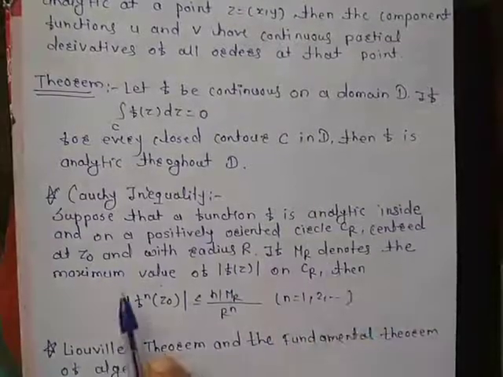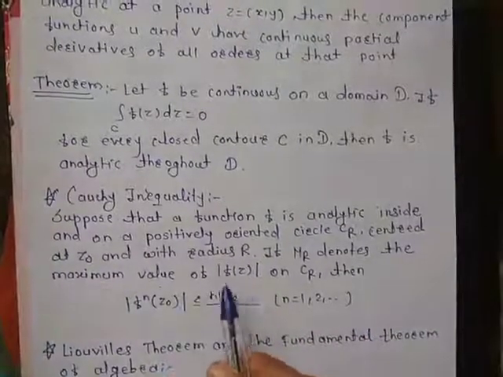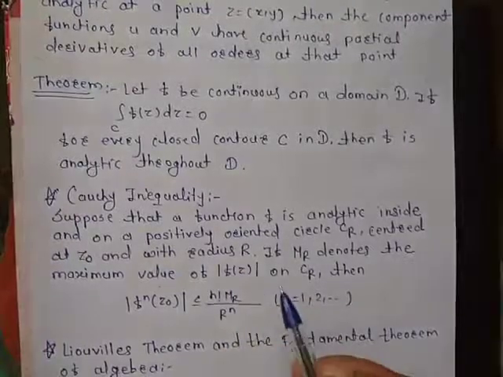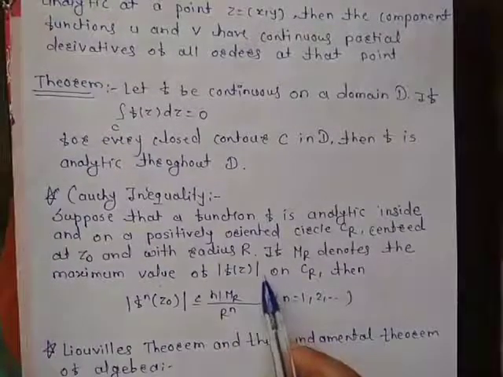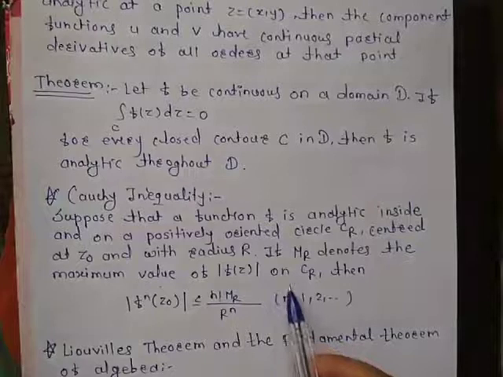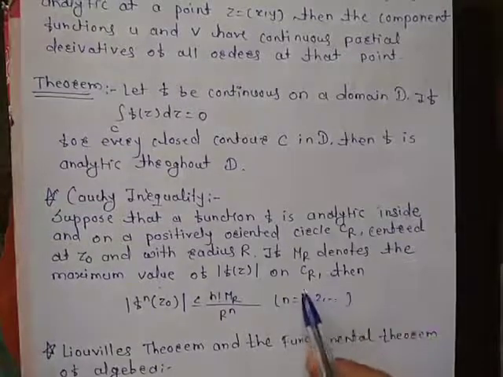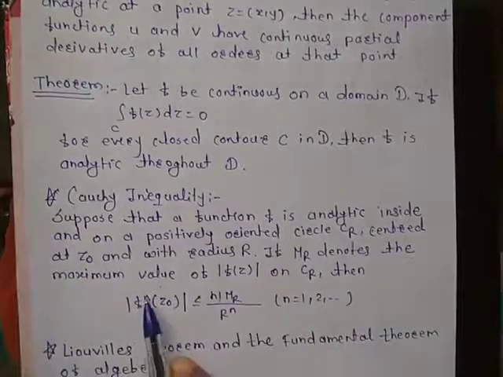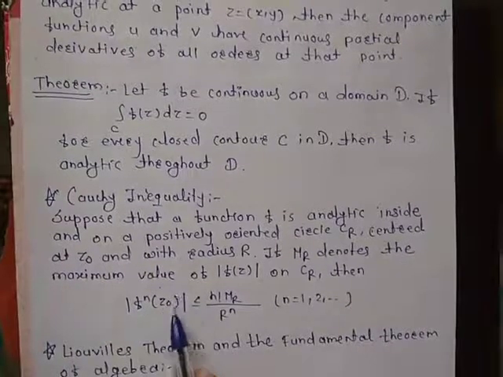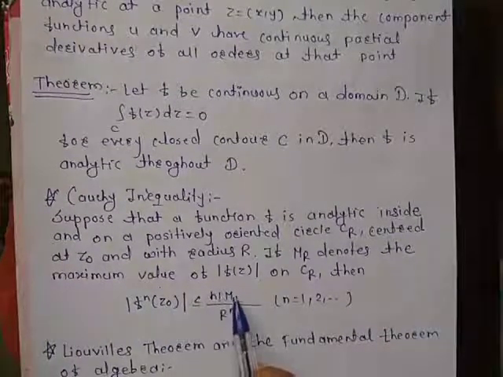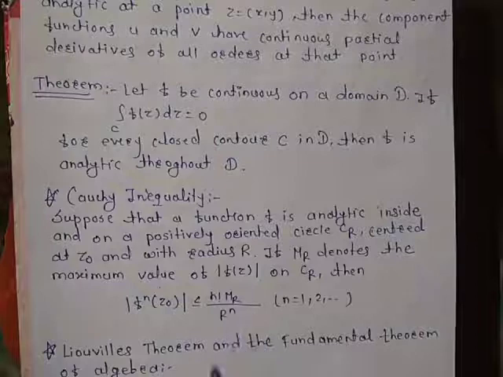If MR denotes the maximum value of modulus of f of z on CR, that is, modulus of f of z is less than or equal to capital MR on CR, then modulus of f raised to n of z0 is less than or equal to n factorial MR upon r raised to n, where n runs from 1, 2, and so on.